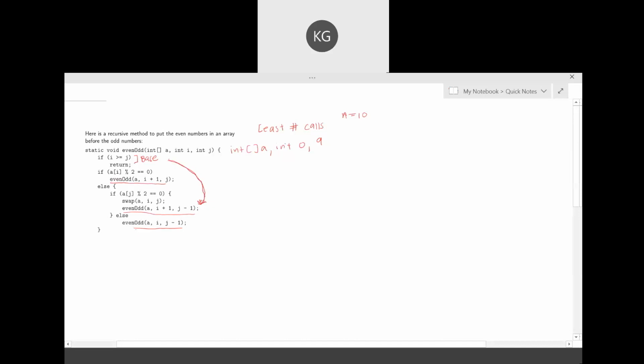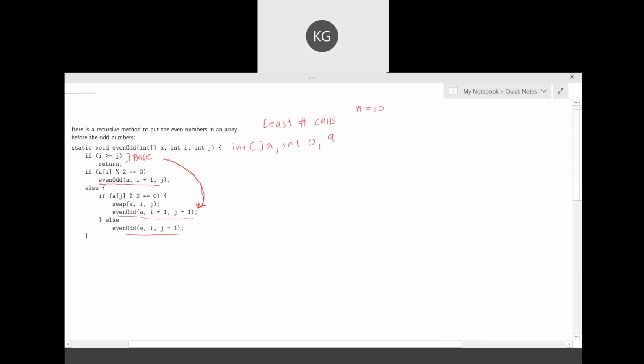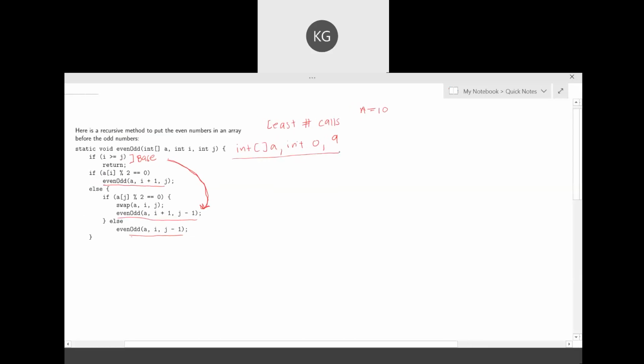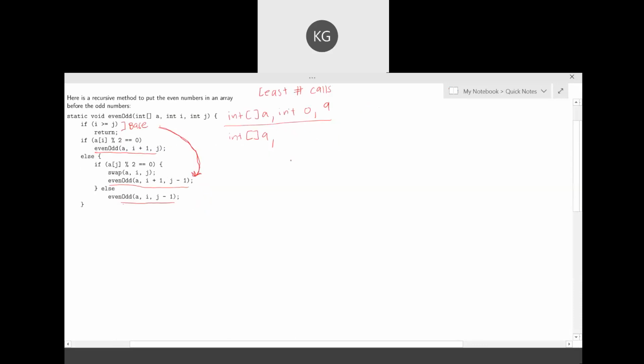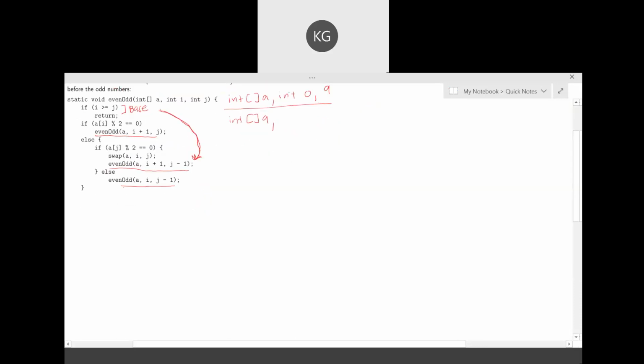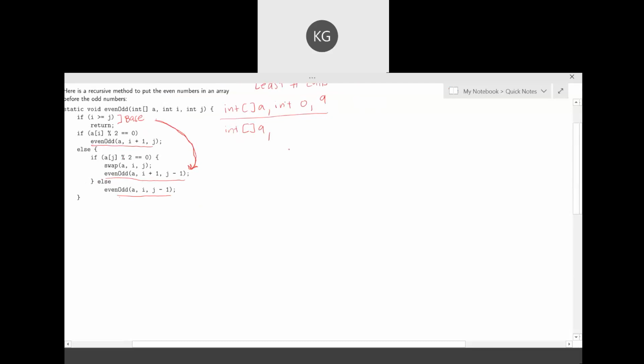So let's say in this scenario that we're making up that we're able to only call that even odd. So if we did that, this is our original, and then we'd have to call it again, A, but now it's i plus 1, so it'd be 1, and then it's 9 minus 1 is 8.